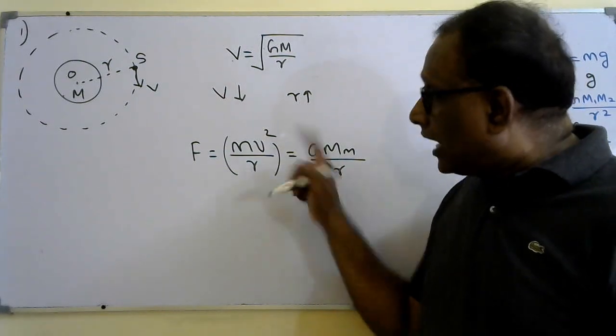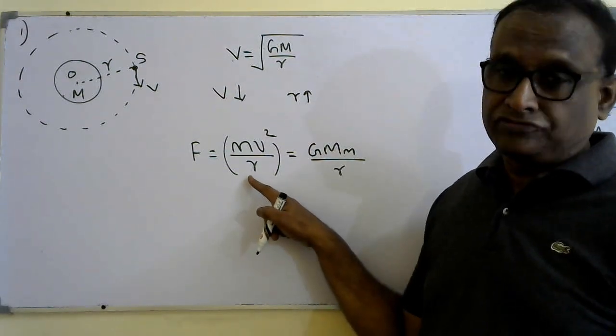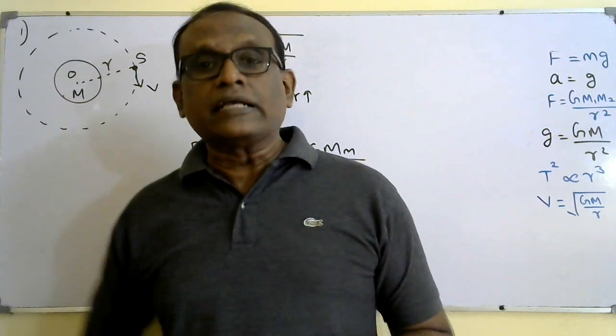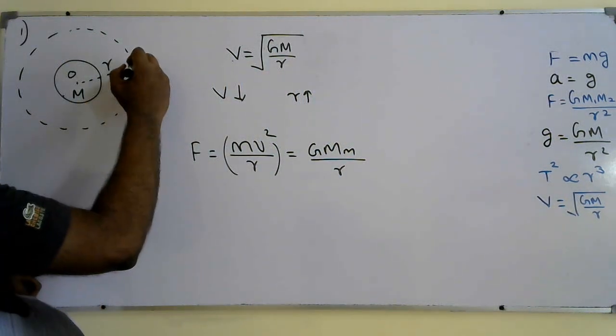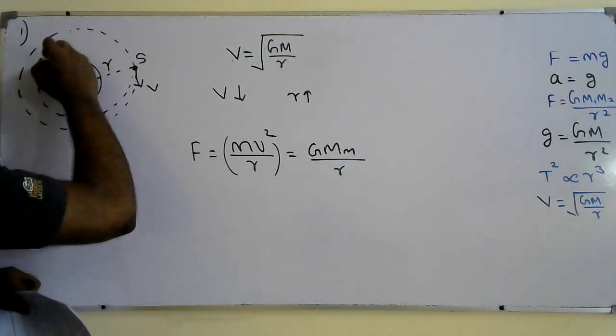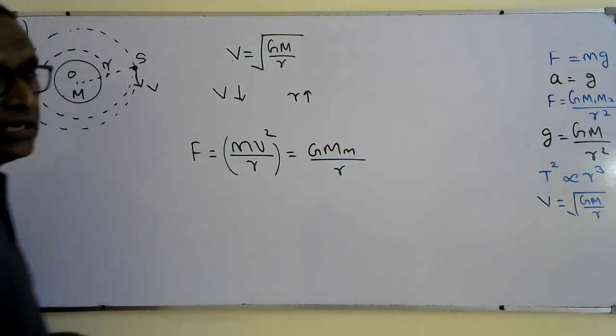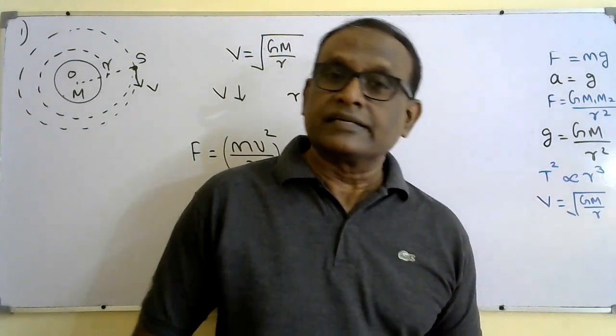That means the gravitational pull now becomes larger than the required centripetal force. Means what happened? The satellite will move in an inward spiral path and fall on the planet finally.